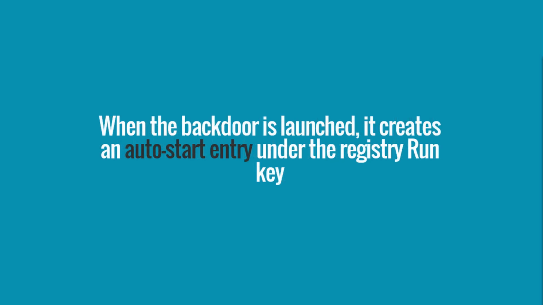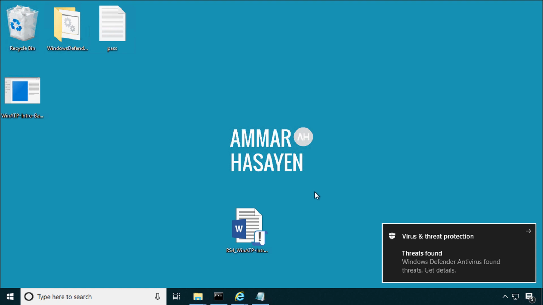And finally, when the backdoor is launched, it creates an auto-start entry under the registry run key, allowing it to stay persistent by starting automatically with Windows. You can also see that Microsoft Defender ATP detects what's happening, and this is where we will continue the demo by logging on to the Microsoft Defender ATP management portal.